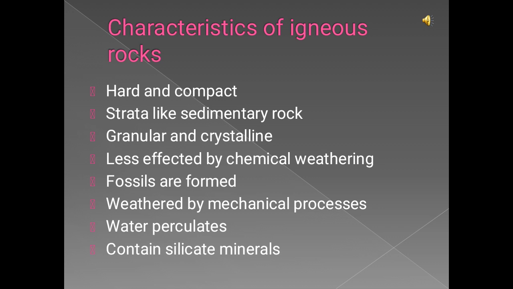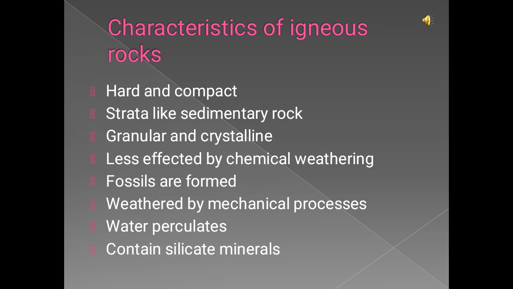Now, we talk about the characteristics of the igneous rock. Every rock has its own characteristics. So, the igneous rocks are hard and compact. That means there are no intermolecular spaces between them. They do not have strata like sedimentary rocks. These rocks are generally granular and crystalline.